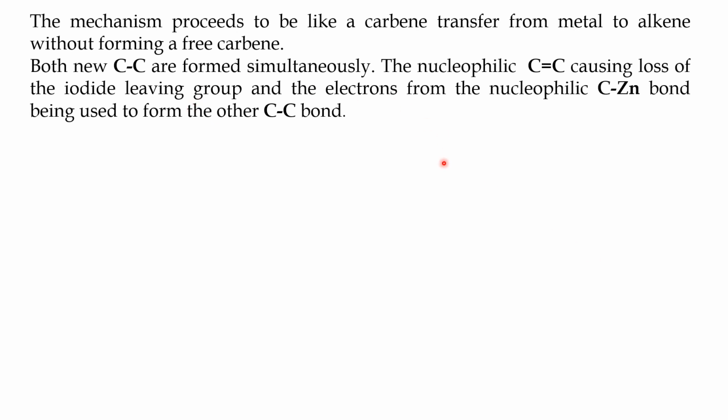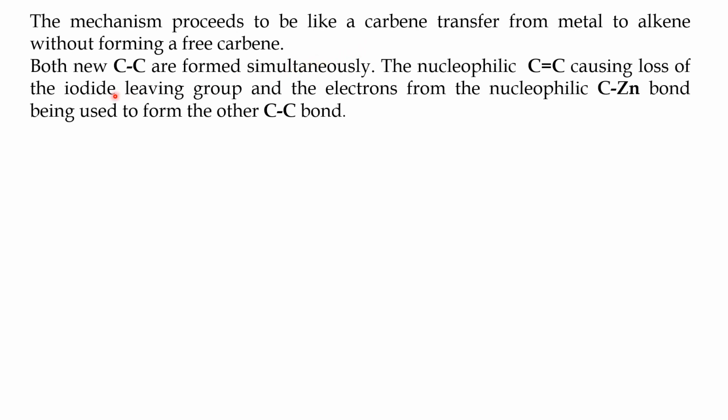In the second step, these carbenoids transfer the carbene from the metal to the alkene without a free carbene in the medium. So the carbenoid formed in the first step transfers the CH2 group to the double bond without leaving the carbene as such in the medium.